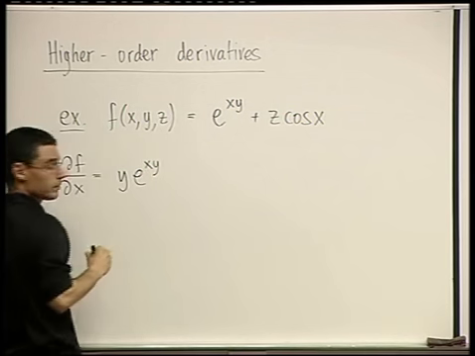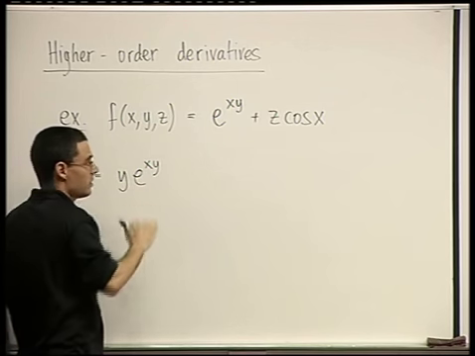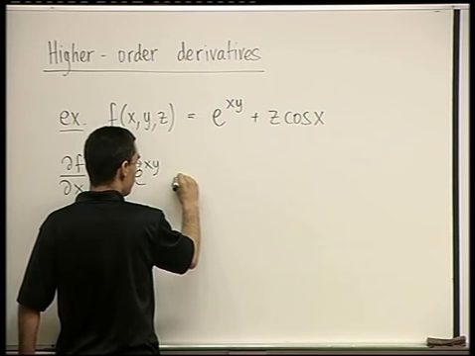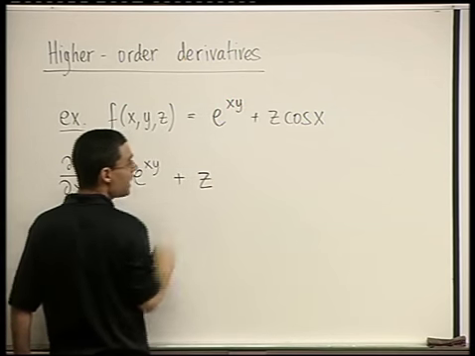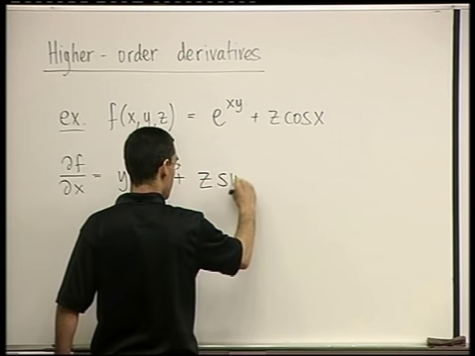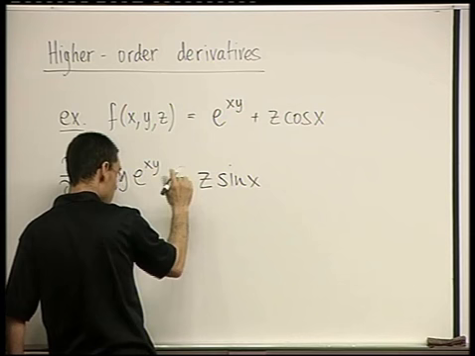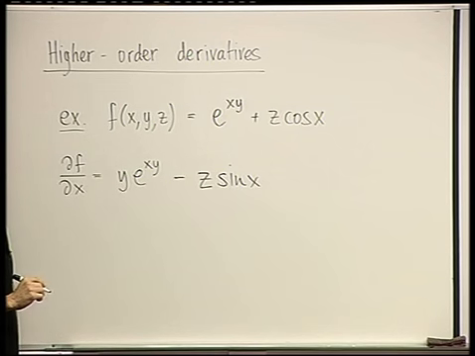Y. Do you agree? X is the variable, y is now a constant, fixed. Plus, what's the derivative of this with respect to x? Z is fixed. The derivative of cosine is minus sine. I'm just going to change this to a minus. Does everybody agree? Good?